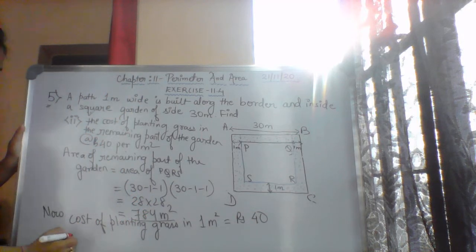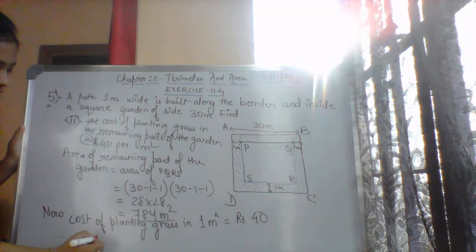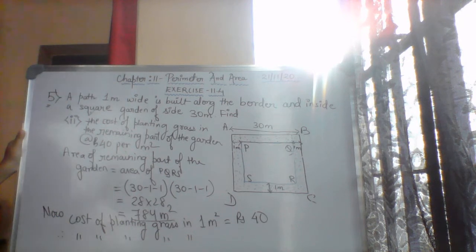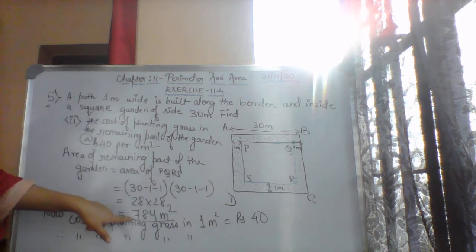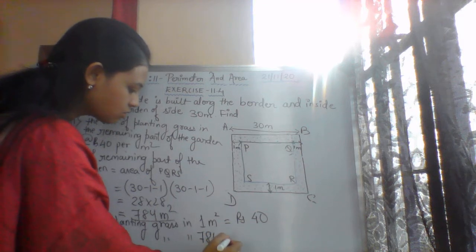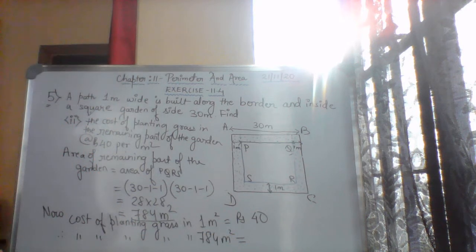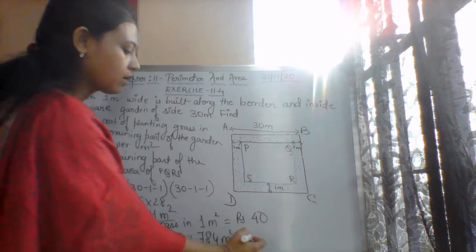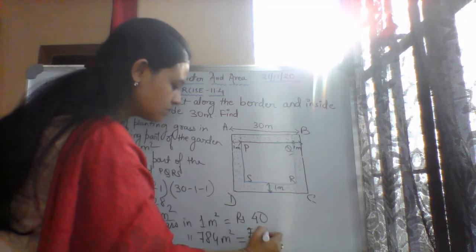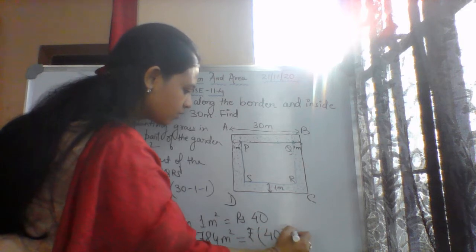Therefore, the cost of planting grass in 784 meters square, just the unitary method, equals rupees 40 into 784.